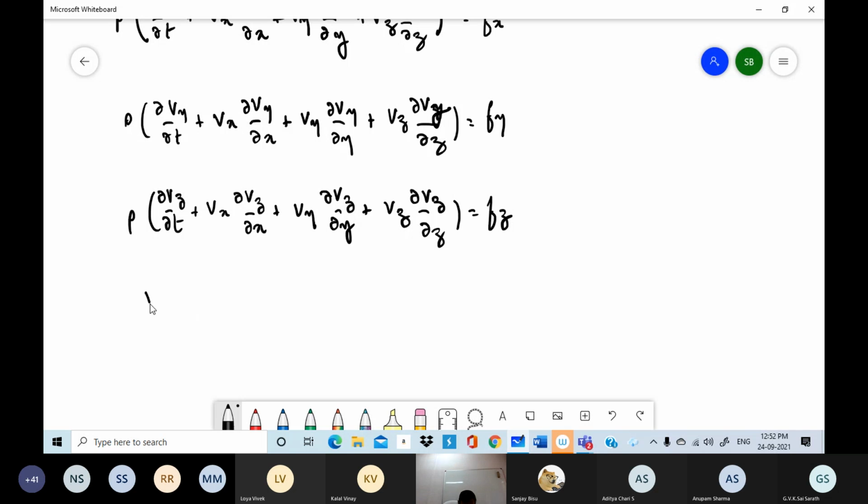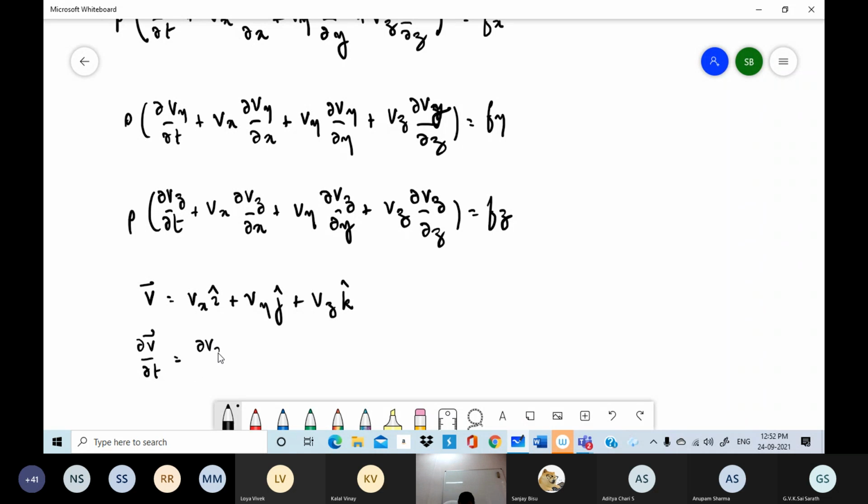So if I have v equal to vx i plus vy j, then if I take the derivative with respect to t, the unit vectors do not change with time.